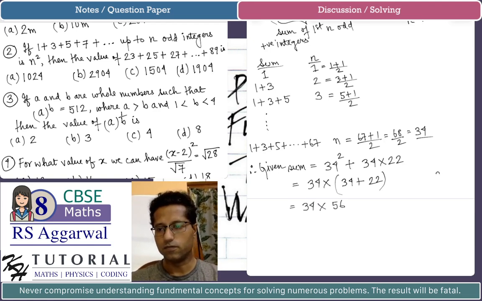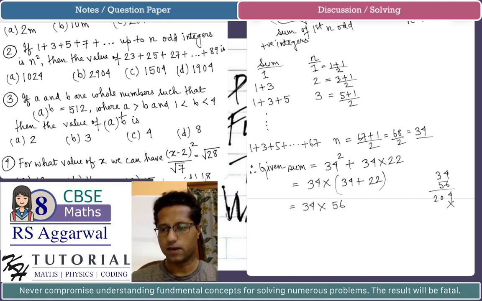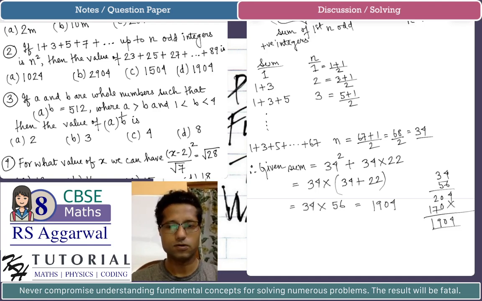Now we have to compute 34 multiplied by 56. That is 1904. Do we have this choice? Yes. So the sum is 1904, and the correct choice is D.